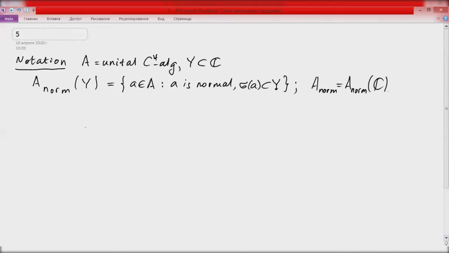We now have the following result, the theorem. So consider the following map from C of Y. Oh, sorry, I forgot to say what Y is. I suppose that Y is a locally closed subset of the complex plane.